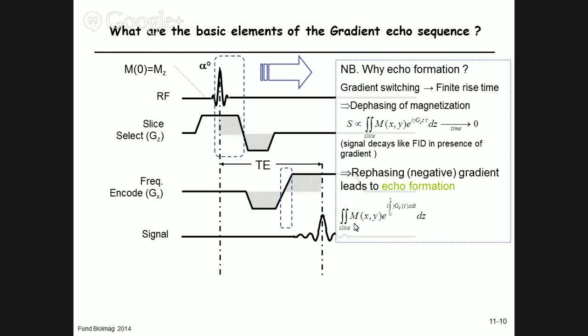So to put it in more general terms, the signal is proportional to the integral over the slice of the magnetization times this complex factor here, which is the integral of the gradient with time. This has to be maximal, and this condition of this to be maximal requires, in generality, that this integral is 0.